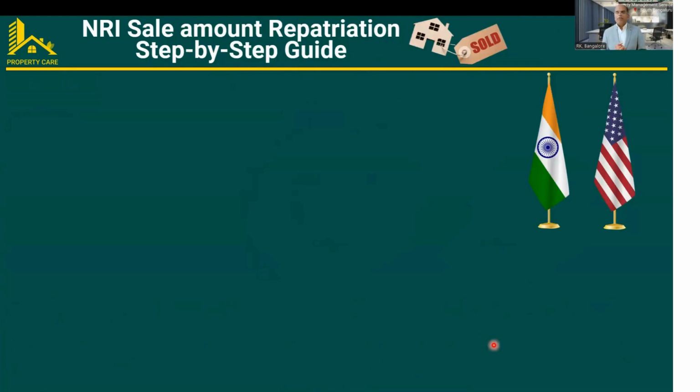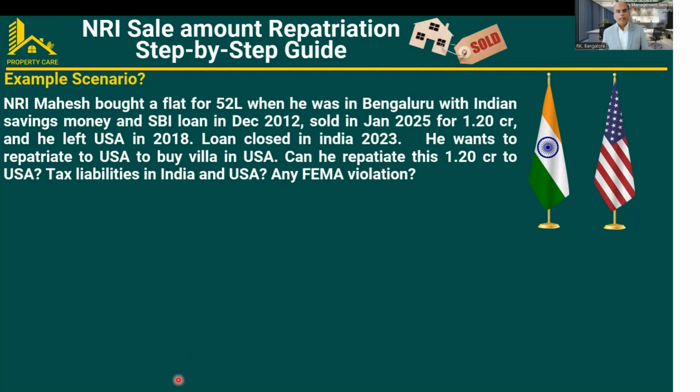What is the first step of repatriation? I am explaining this with a sample scenario, to show how this entire process is going to work. I took an example. NRI Mahesh bought a flat for 52 lakhs when he was in Bangalore, with Indian savings money and an SBI loan in December 2012.